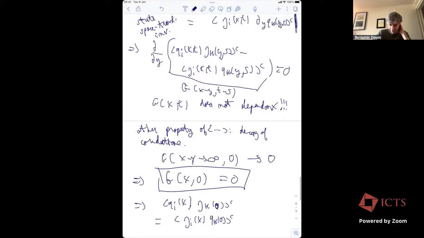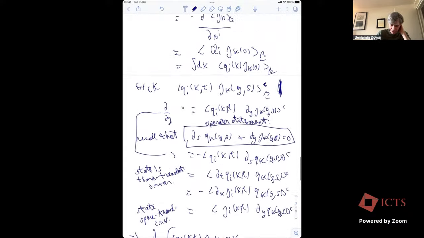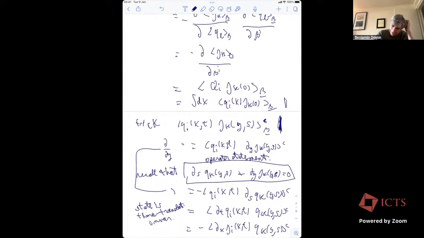Once I have that, I come back to what I want to calculate, which was that here. And now you see that I can exchange the j's for the q's. And then I can use again space-time translation invariance, space translation invariance, x to minus x, bring the q to the other side.